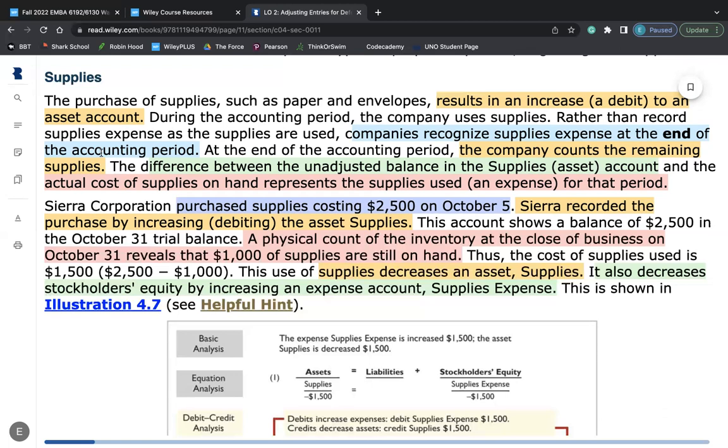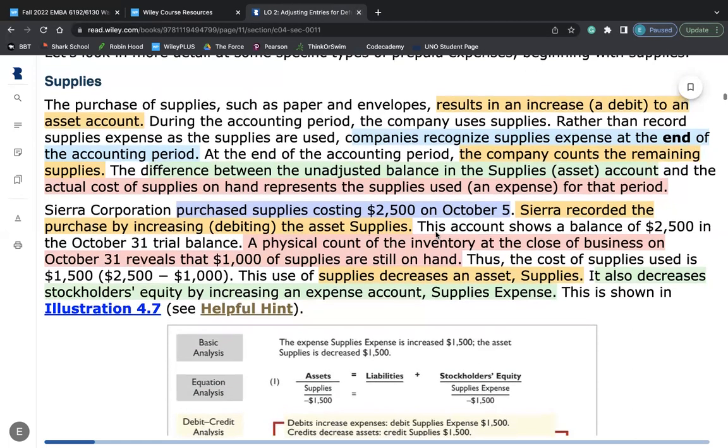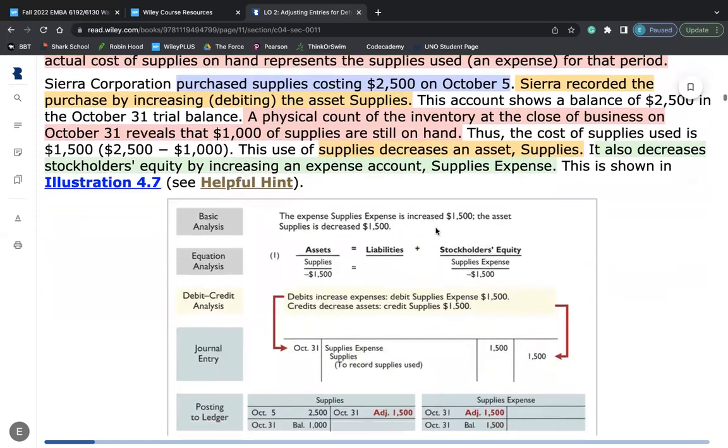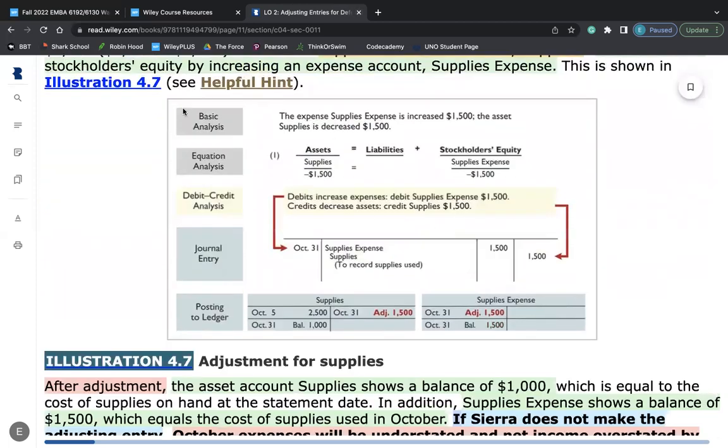This use of supplies decreases an asset. It also decreases stockholders' equity by increasing an expense account. All right.